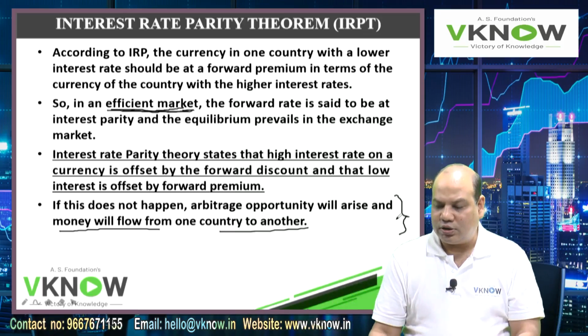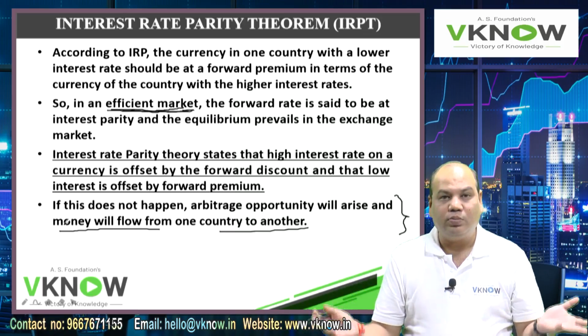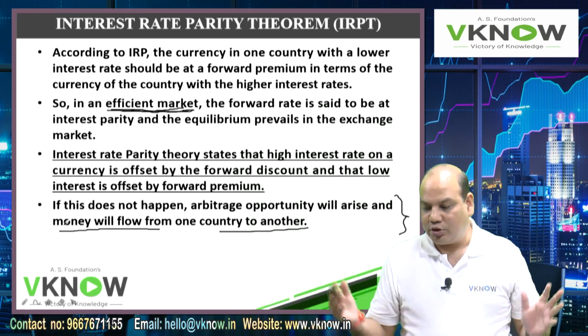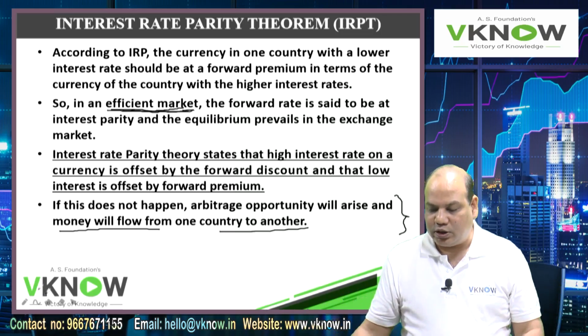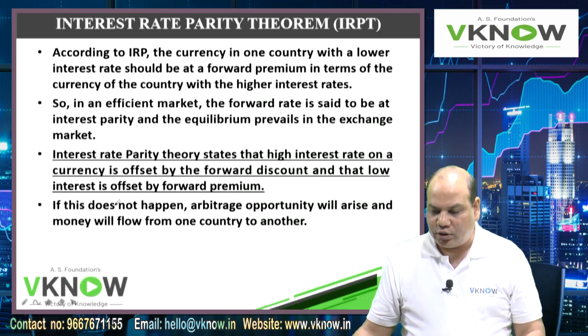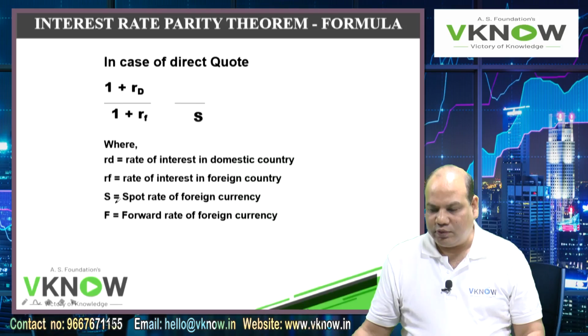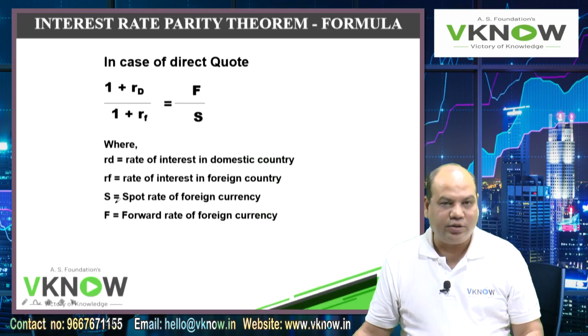So do not ask such questions as, what if you can't borrow in USA? I am a student, how will I borrow in USA? That is not to be discussed. We will assume, for the sake of understanding, borrowing is possible. Investing is possible in any country.